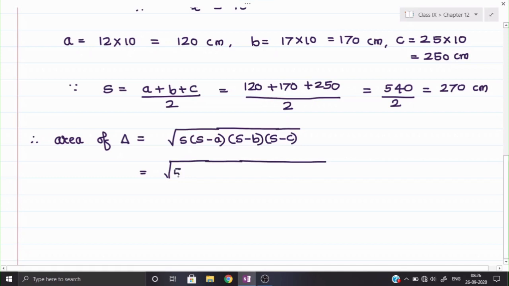So s is 540 upon 2, that is 270, then 270 minus 120, then 270 minus 170, and again 270 minus 250.